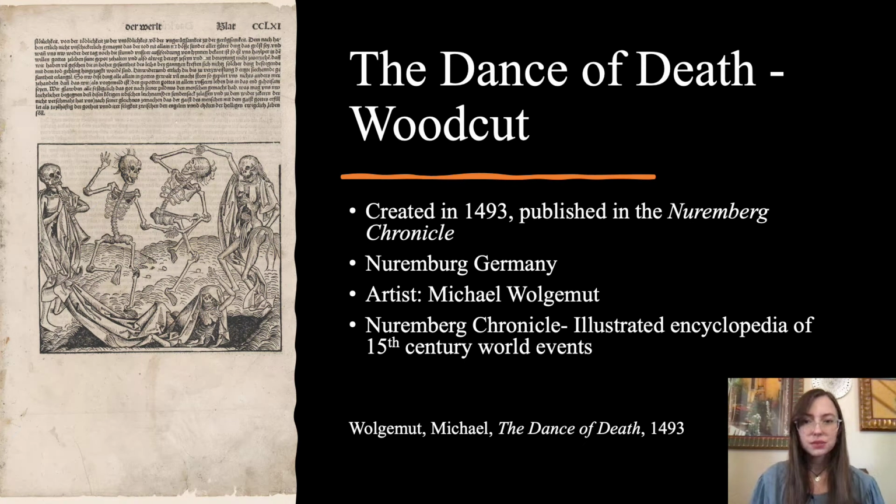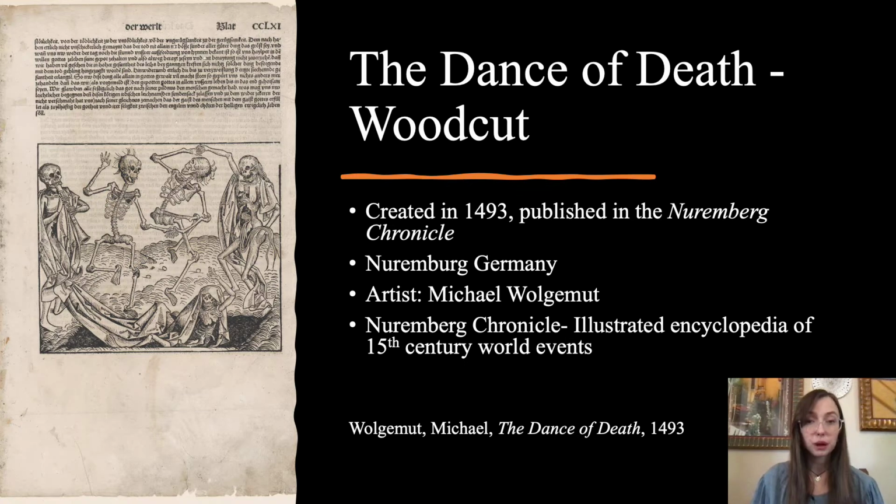So first I'm going to be talking about the dance of death woodcuts. You can see it on the left side of the screen. It was created in 1493, published in the Nuremberg Chronicle in Nuremberg, Germany, and it was created by an artist named Michael Wohlgemuth.